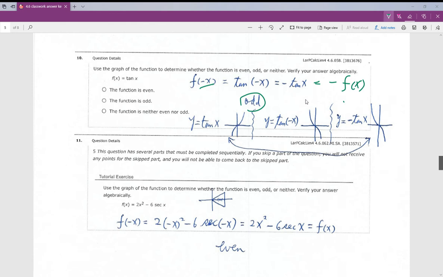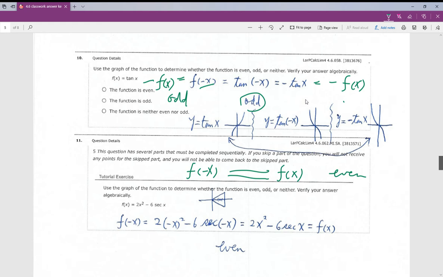If you have a function f of x and you input a negative x, there's no change, then we call this even. We learned that from chapter 1. So if f of negative x equals f of x, then that's even, but if it's equal to the opposite of the function value, then this is odd.